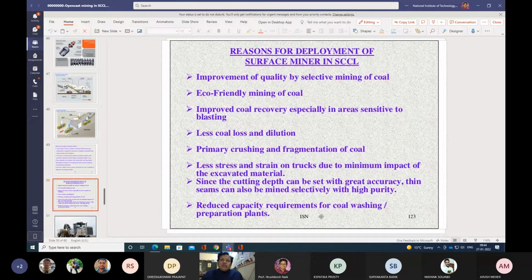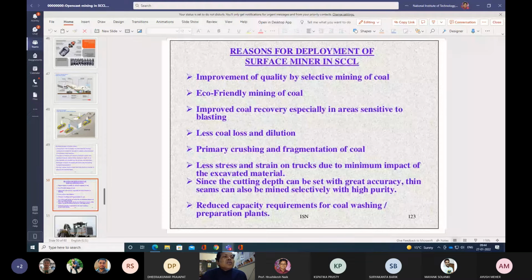Reduced capacity requirements for coal washing and preparation plants. Since you are getting the required size of material, you are getting the pure coal, there are no dirt bands. So there is no need of coal washing and there is less need of a preparation plant in the case of surface miner technology.